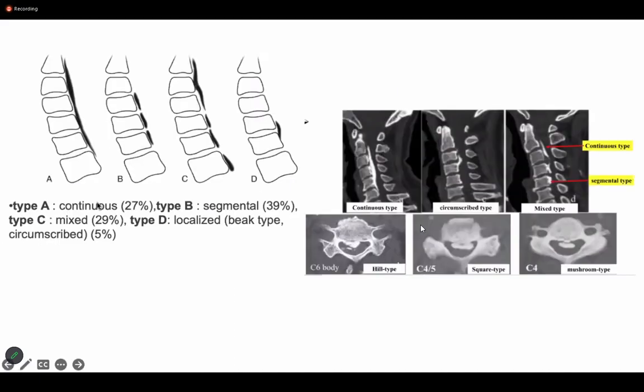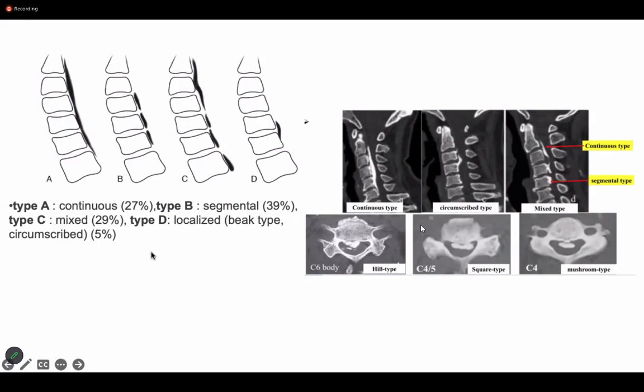Type A is continuous, around 27%. Type B is segmental, 38%. Type C is mixed, type A and type B, around 29%. And type D is localized, and another name is the circumscribed type.